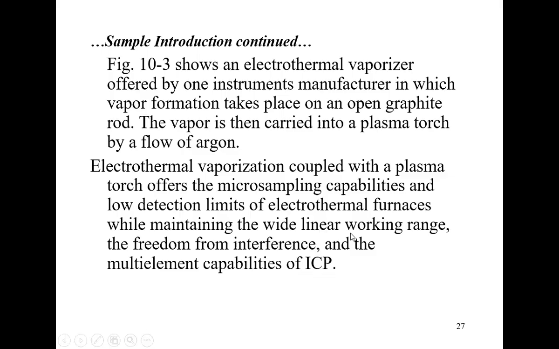Now you can then lower the detection limits, and the dynamic range is expanded when you couple electrothermal vaporization with ICP. And then there is the freedom from interference, and the multi-element capabilities of ICP.